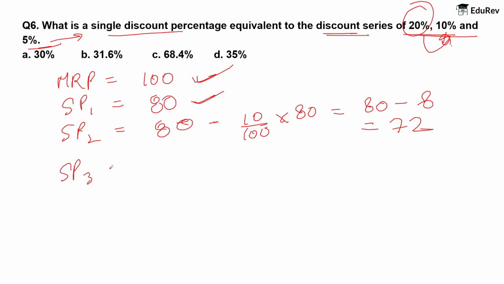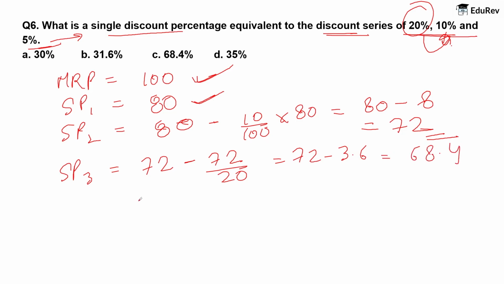And finally, again, 5% additional discount is given, but this discount is now given on the new selling price, that is 72. So to calculate that, you need to do 72 minus 5% of 72. So 5% of 72, you can directly divide it by 20, because 5% is nothing but 1 by 20. So this becomes 72 minus 3.6, and when you do it, you get 68.4.